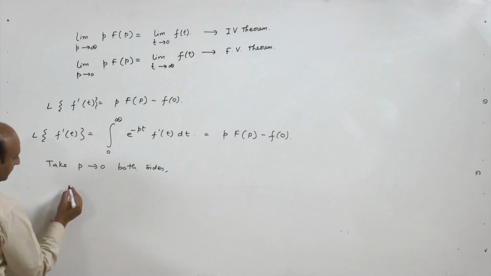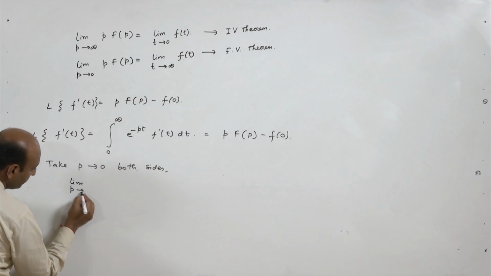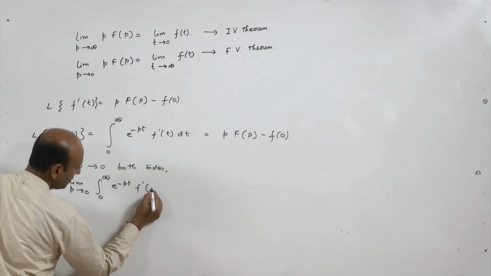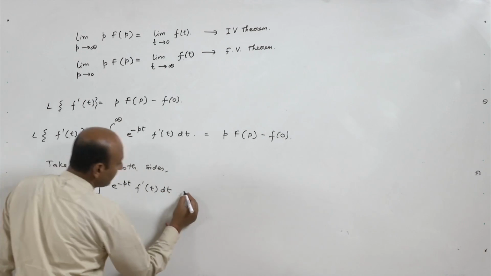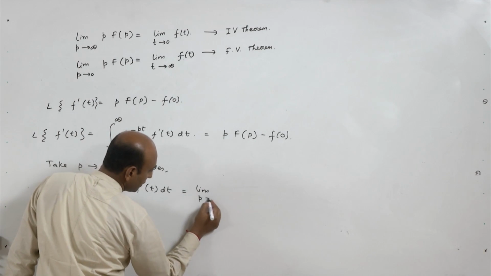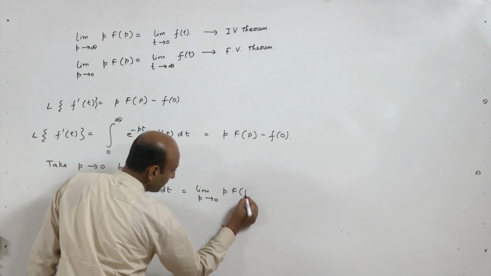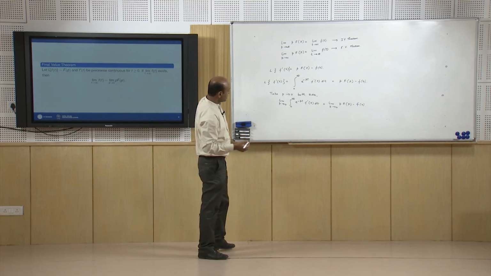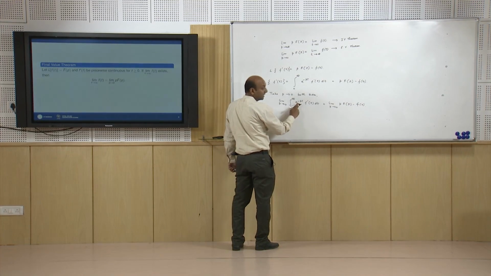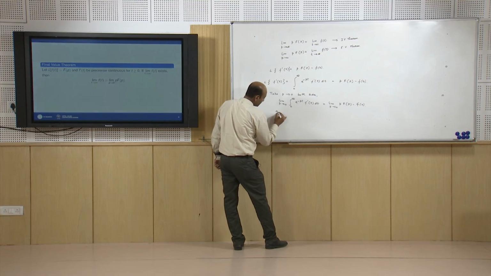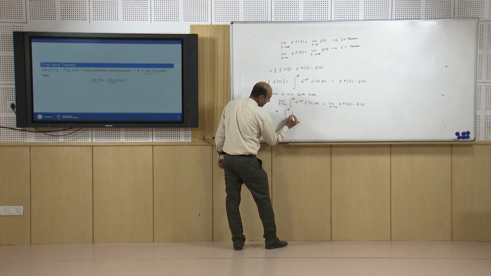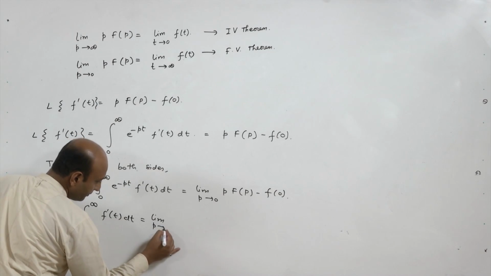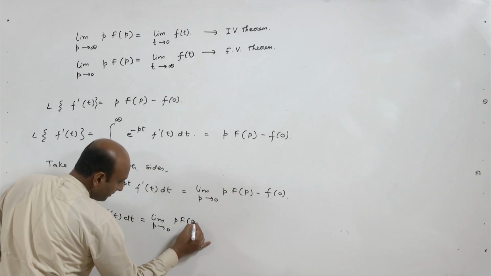So what we will obtain is limit p tending to 0 of the integral 0 to infinity e to the power minus pt f dash t dt, and the right hand side will remain the same, limit p tending to 0 of p f p minus f 0. Now if p tends to 0, e to the power minus pt will tend to 1. So this implies the integral 0 to infinity f dash t dt equals limit p tending to 0 of p f p minus f 0.